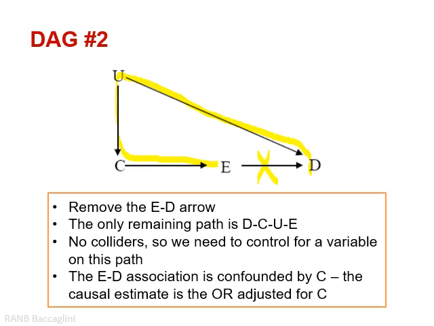We forgot to measure U, but we can control for C. And if we control for C, then we are okay. So we do not need to worry that we forgot to measure this variable. The association between this exposure and disease is confounded by C, and we will need to assess this in our model, and if this is correct, we will need to adjust for C.